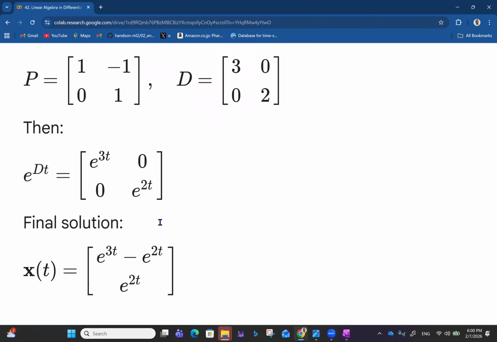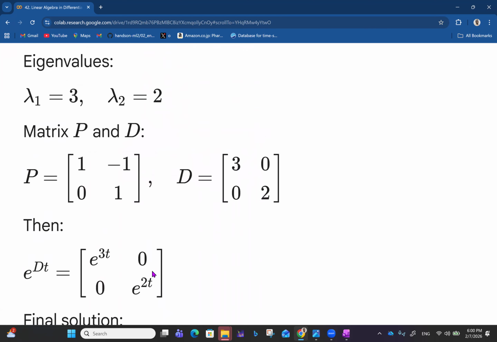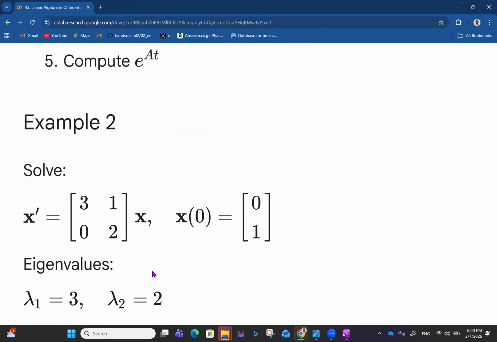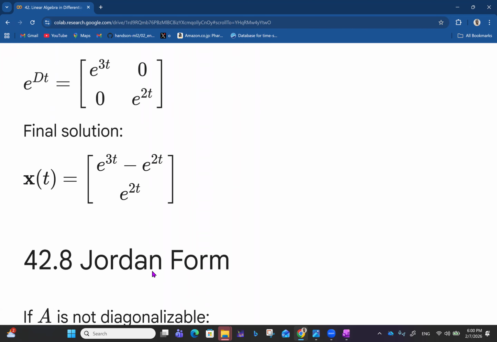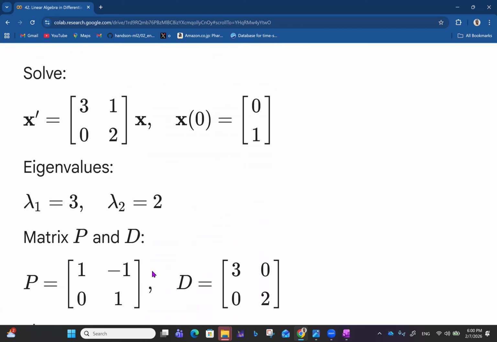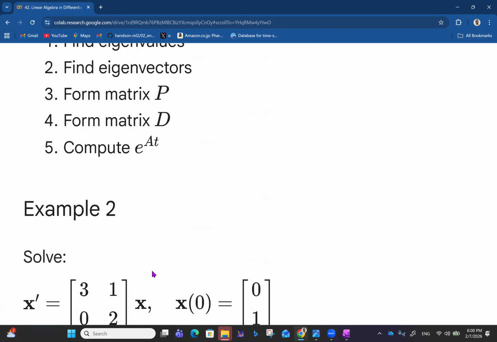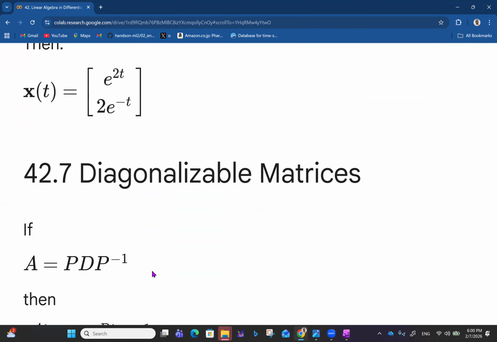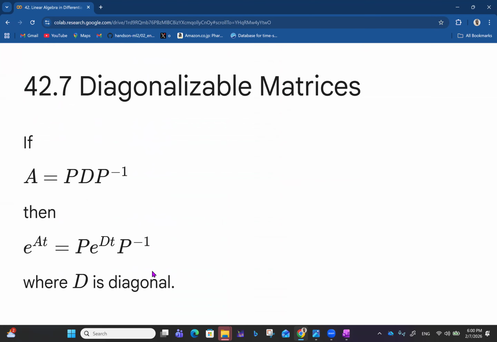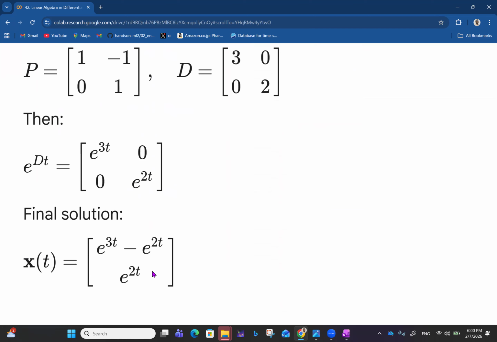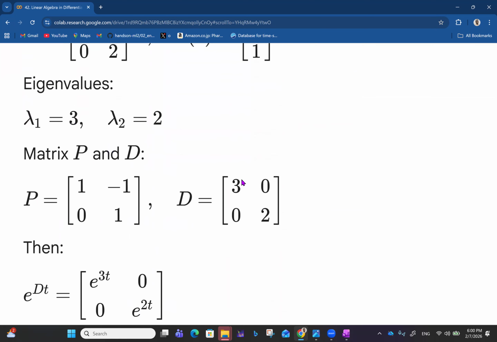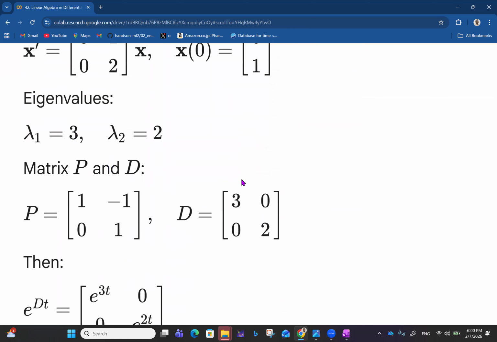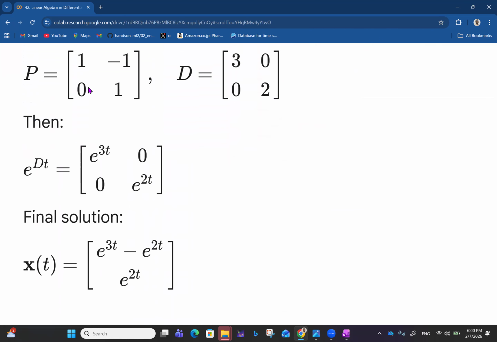Then the final solution x of t is e raised power At multiplied by (0, 1).